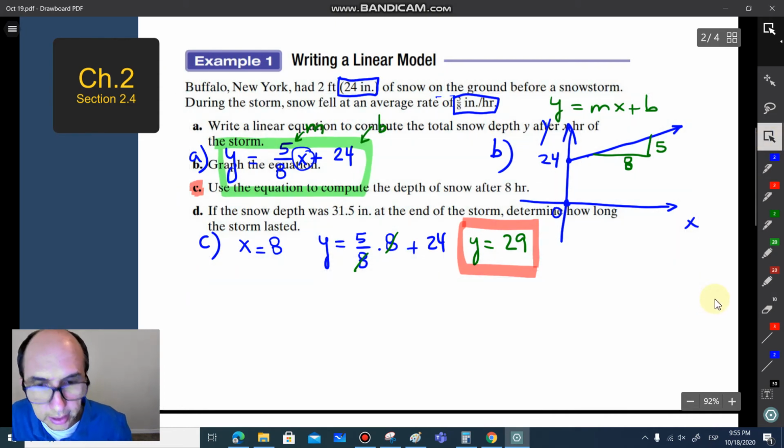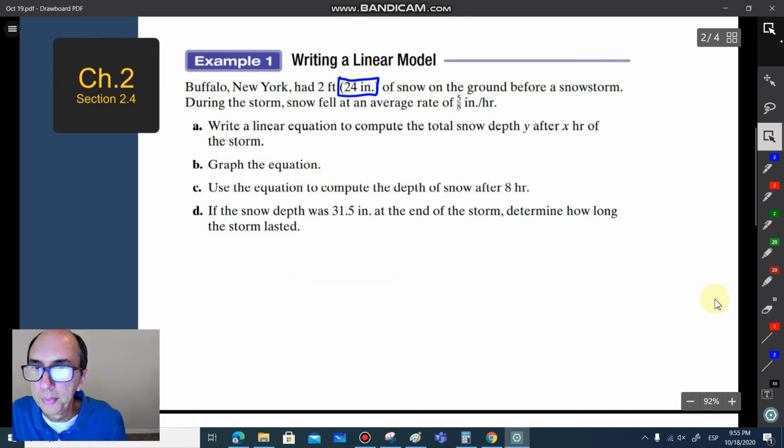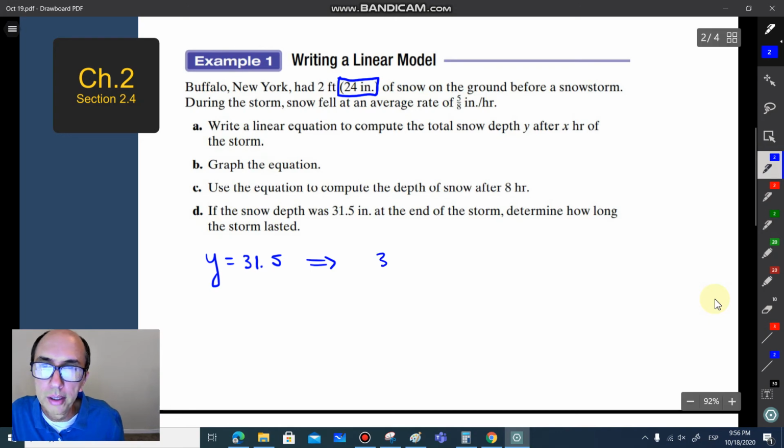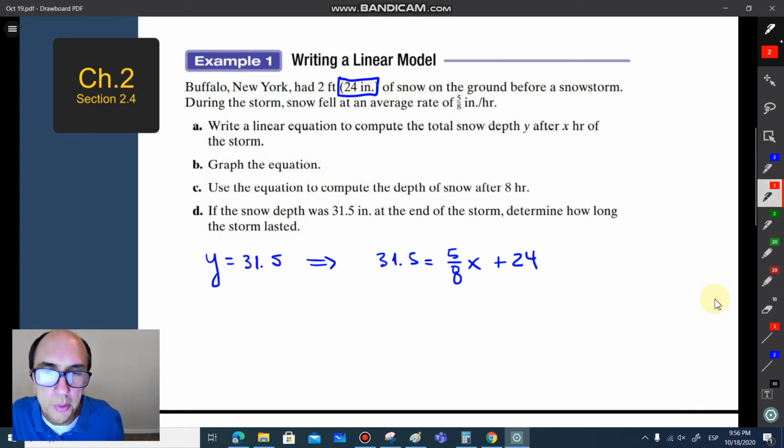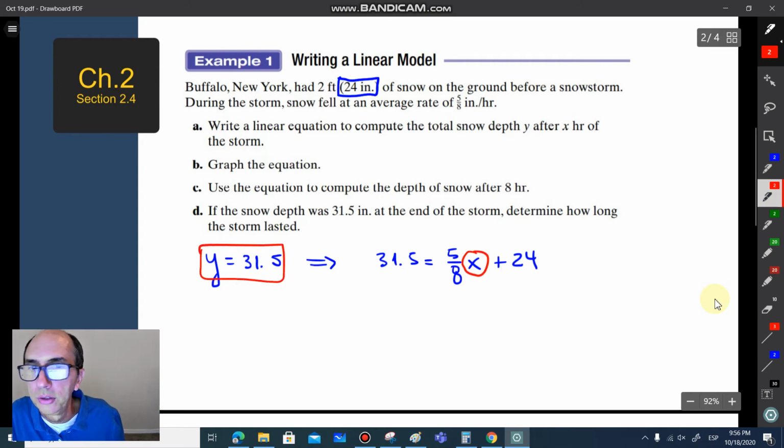And D, if the snow depth was 31.5, that means if y equals 31.5, then we plug this into the equation. 31.5 equals 5 over 8 x plus 24. And that's it. We just have now to apply the addition property and find out the value of x that gives this depth of snow.